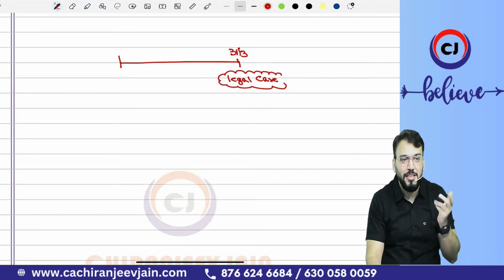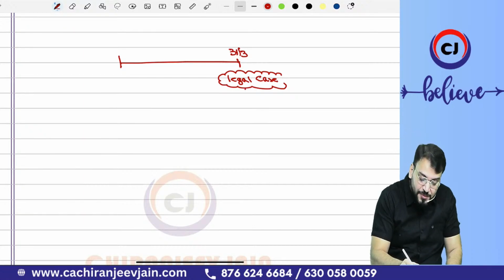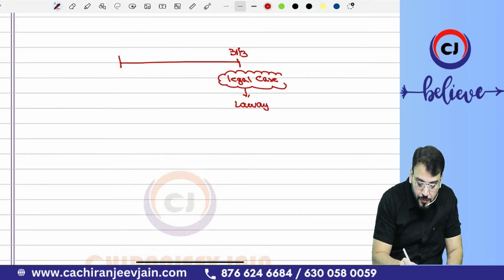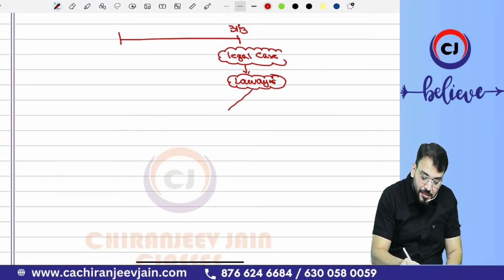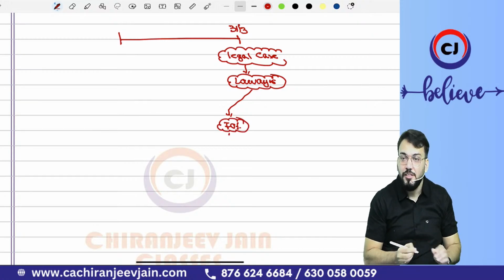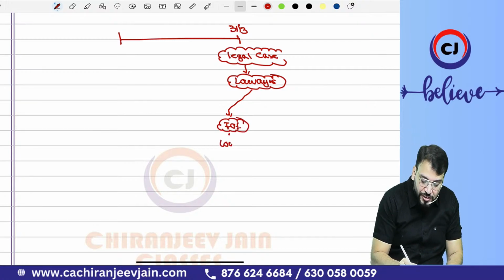Then only you will do measurement, na? Now, as per the expert, means the lawyer's opinion, there is a 70% chance that we need to pay low damages.